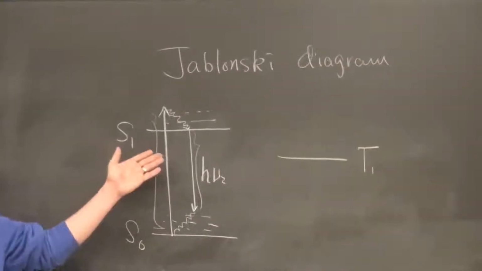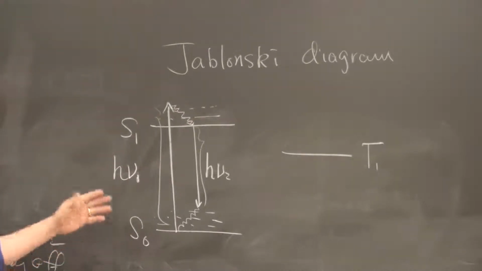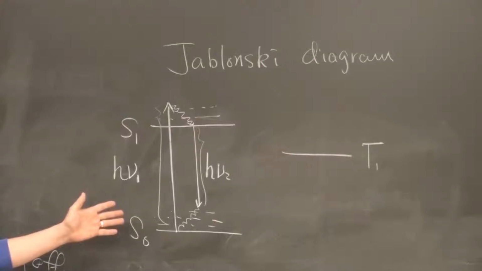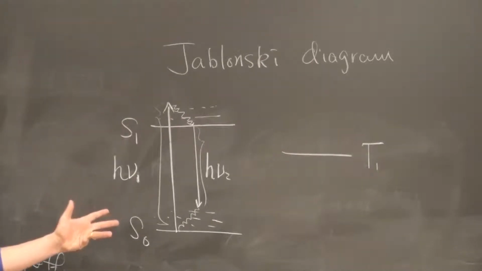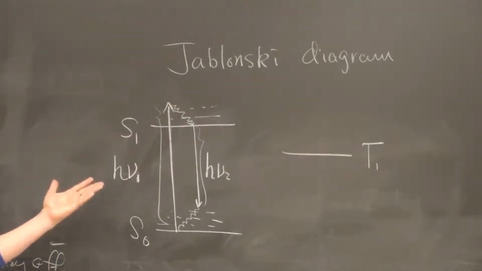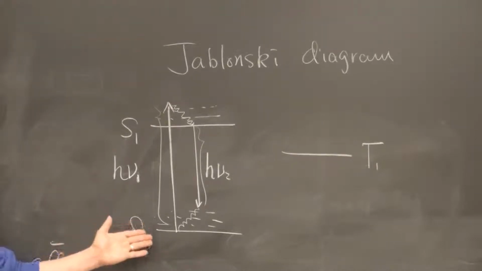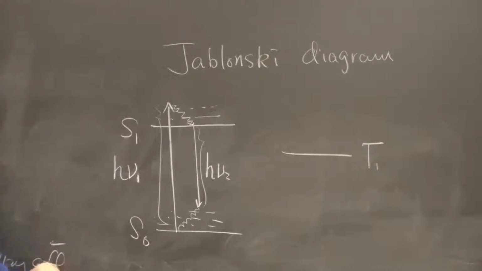I showed this to you on Tuesday. This is called the Jablonski diagram, the electronic level structure of a fluorescent dye molecule. In fact, whatever coloring reagent people use is also just like that. They take up light of a certain color. That's why your clothes have a certain color.